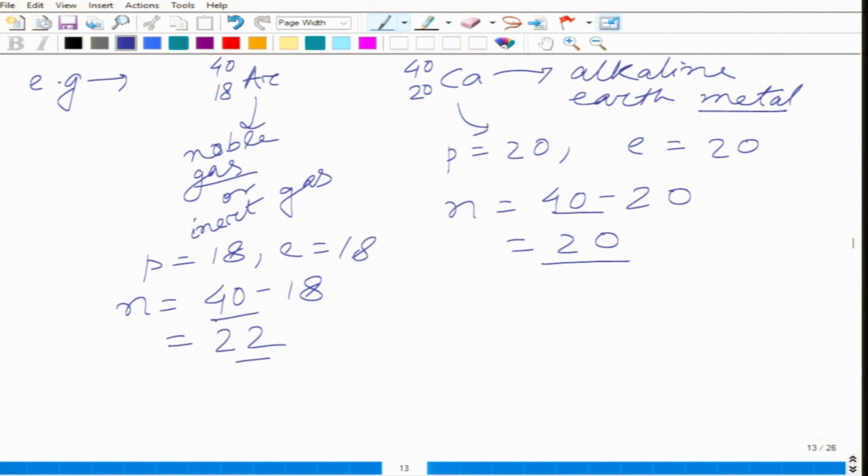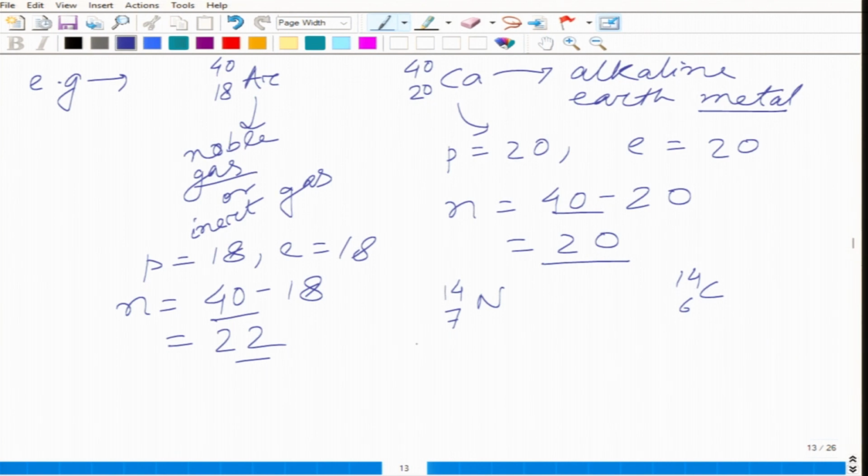Another example is nitrogen with atomic number 7, mass number 14, and carbon with atomic number 6, mass number 14. We had said that there is one isotope of carbon with mass number 14.